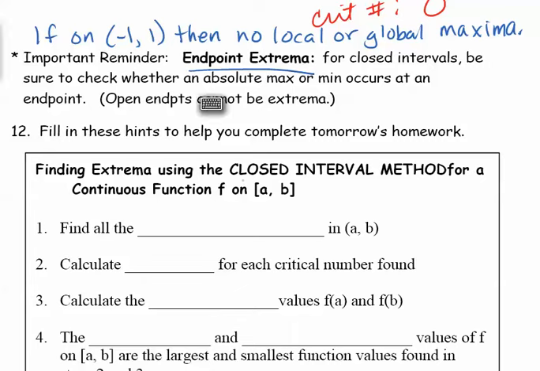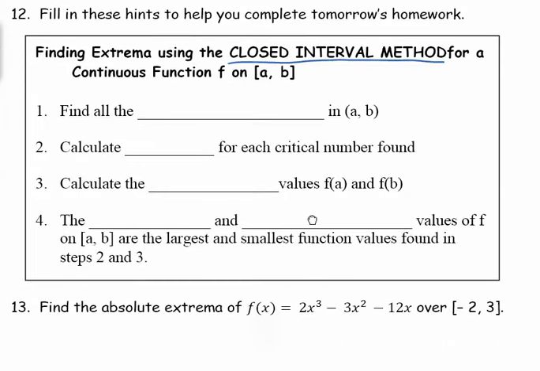So a very important type of problem comes up then. If we're finding extrema on a closed interval, let's be very specific about these steps, and you'll practice them in the problems coming up later on this worksheet. So what if we want to find extrema? Well, extrema can only happen at the critical numbers.